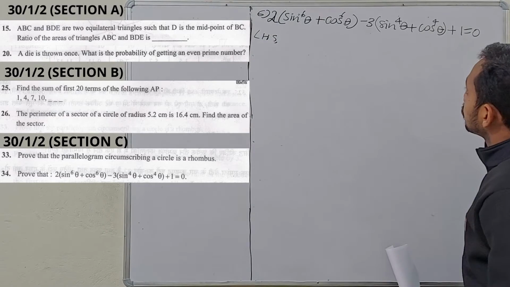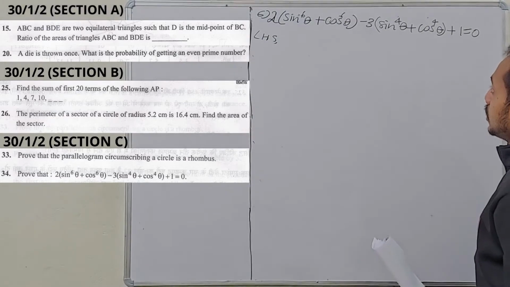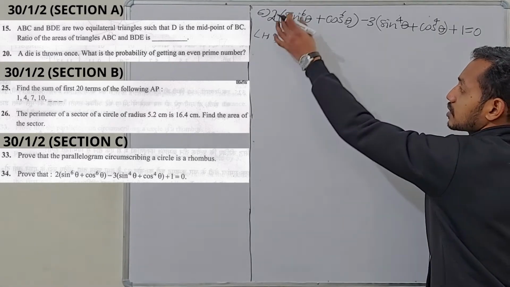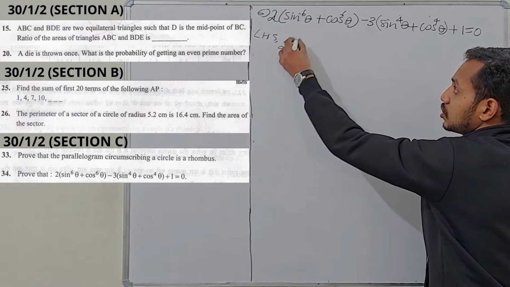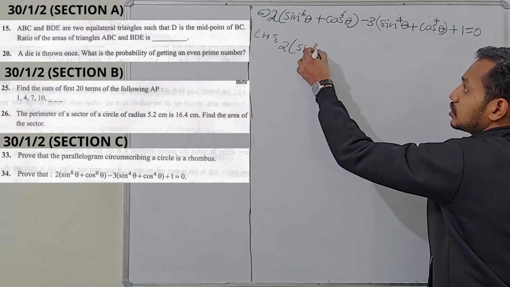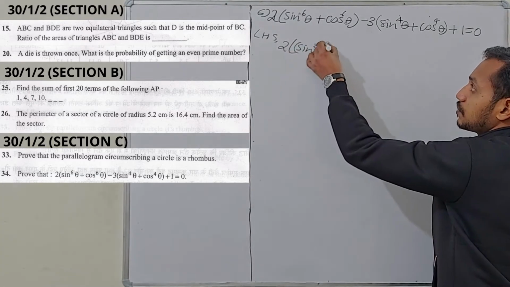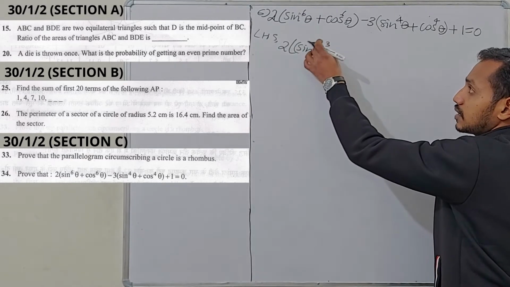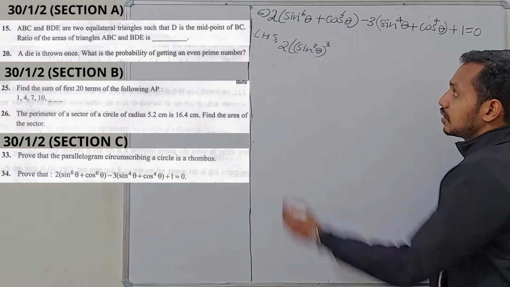So it should be converted into the form of square. For that, first let's change this into here. We can write sin raised to 6 theta as sin square theta whole cube, because a raised to m into 2 into 3.